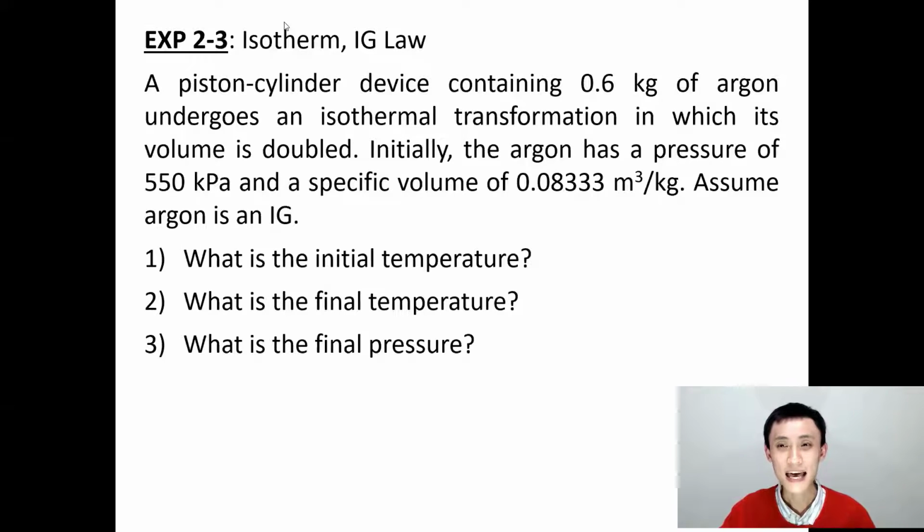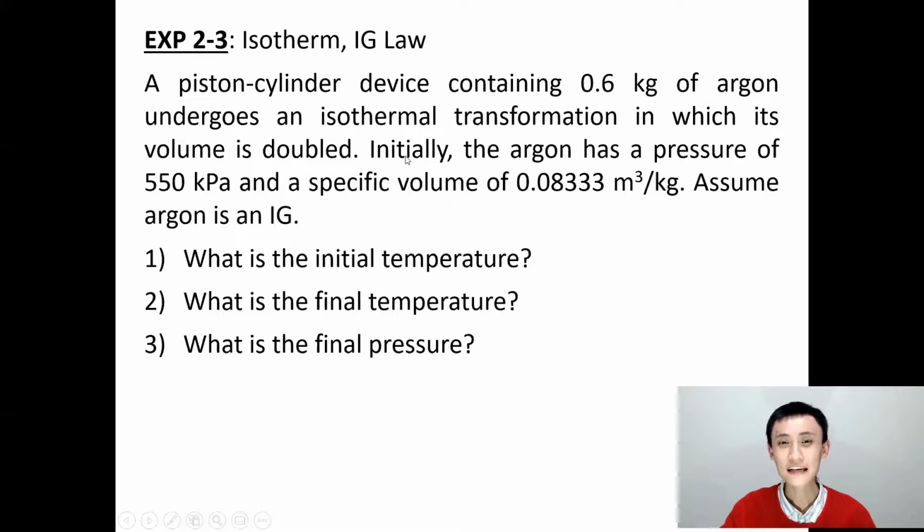The substance is argon, so we can assume it's a gas phase. However, if your substance is H2O or a refrigerant like R134A, then you would have to determine the phase first. Anyway, our substance is argon and the phase is gas, so we can apply the ideal gas law.